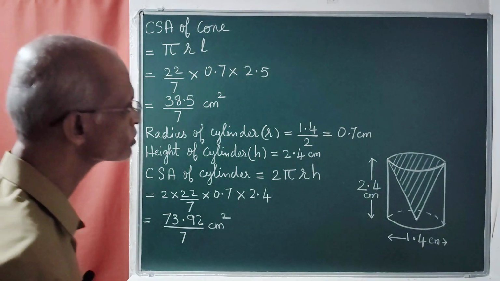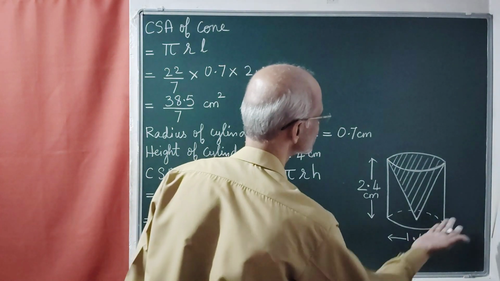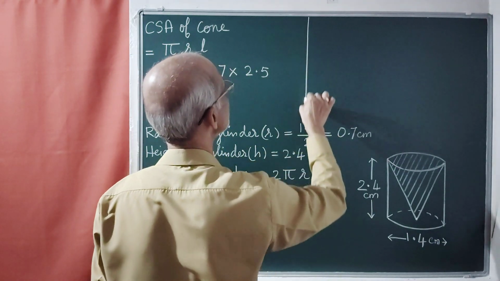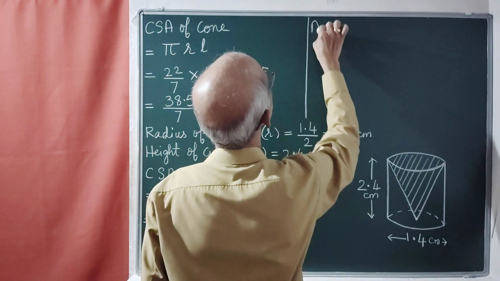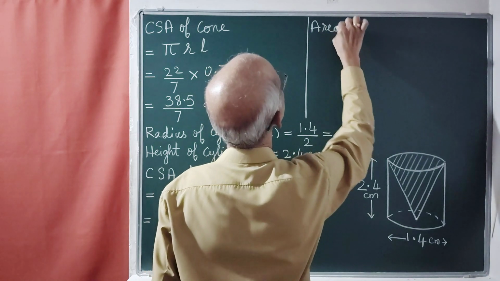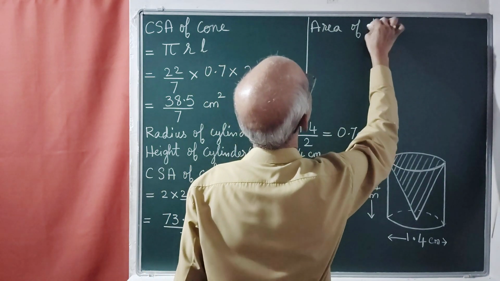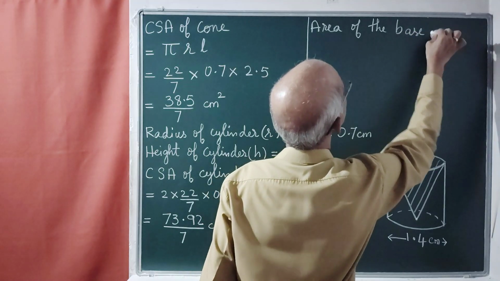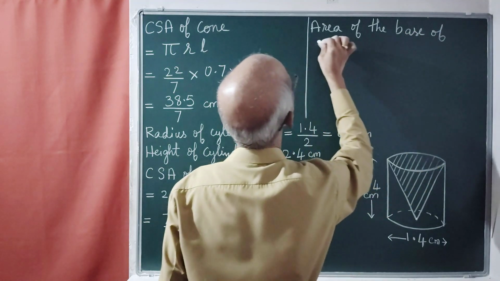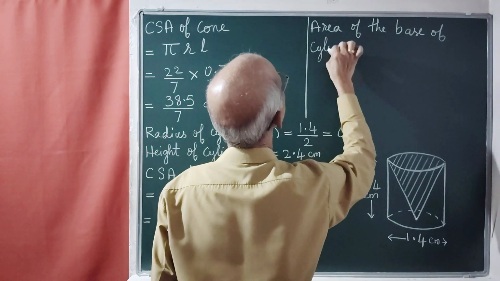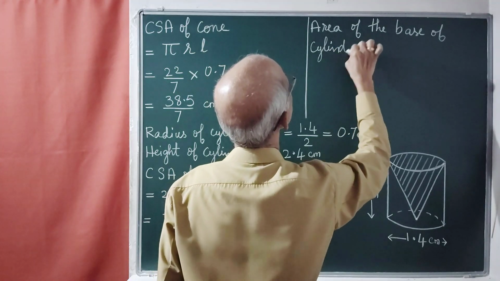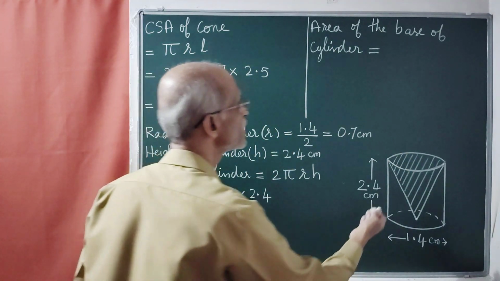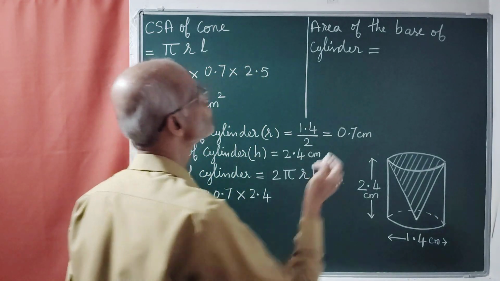Now we have to find out the area of the base of the cylinder. The base is in the form of a circle.